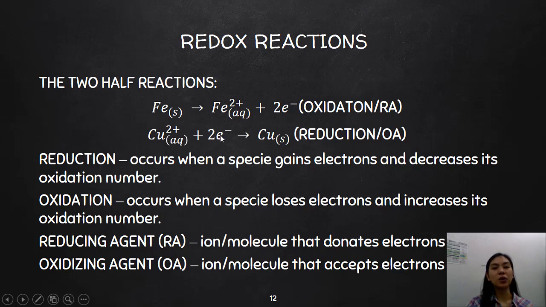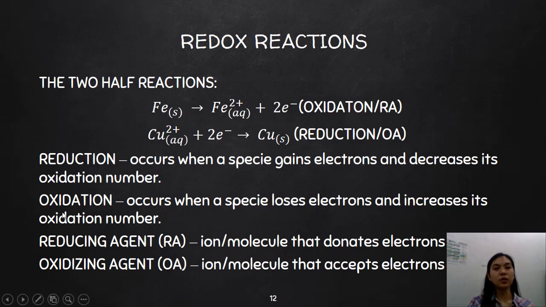We added 2 electrons on the reactant side. And its oxidation number decreased, from positive 2 to 0. So a decrease in oxidation number means that the species gained electrons, undergoing the reduction reaction.